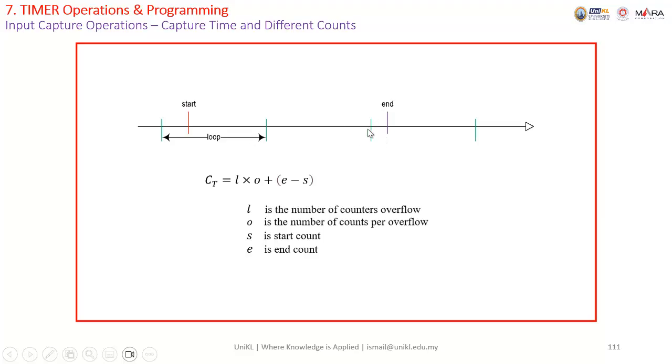Say each is 100, so we have 200, because 2 multiplied by 100, plus E which is 10 here, and minus 20 because the start is 20, so in total we have 190 counts. Then multiply with the clock period, and you get the time taken.